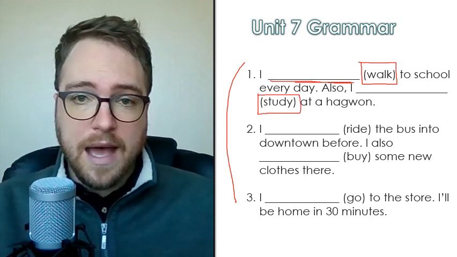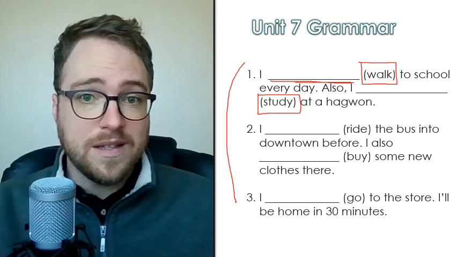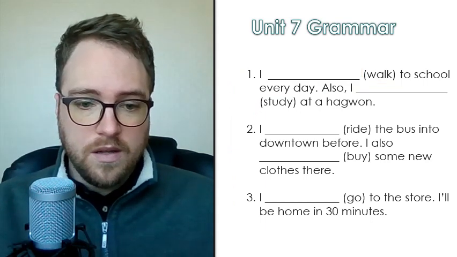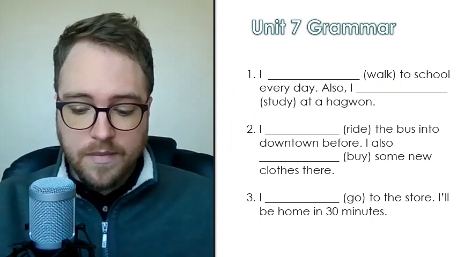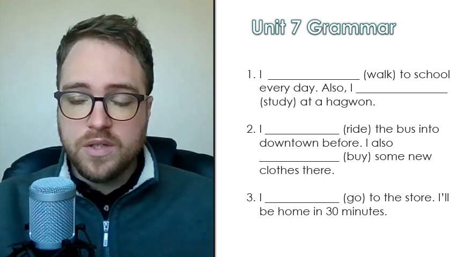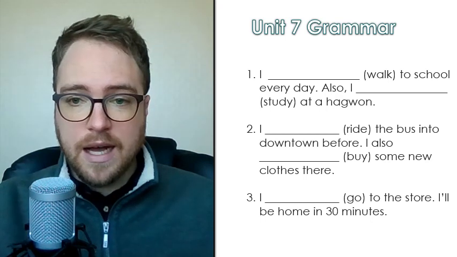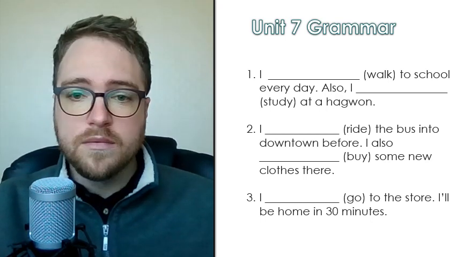We have to change that verb into present perfect tense. Okay? So, let's go ahead and give it a try. Number 1. I to school every day. Also, I at a hagwon.